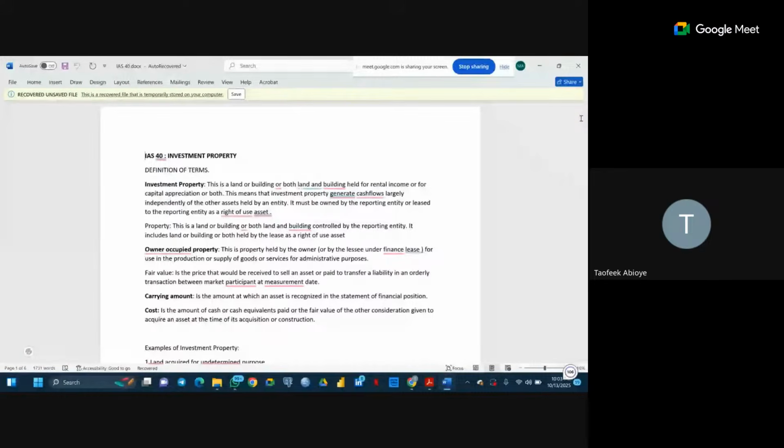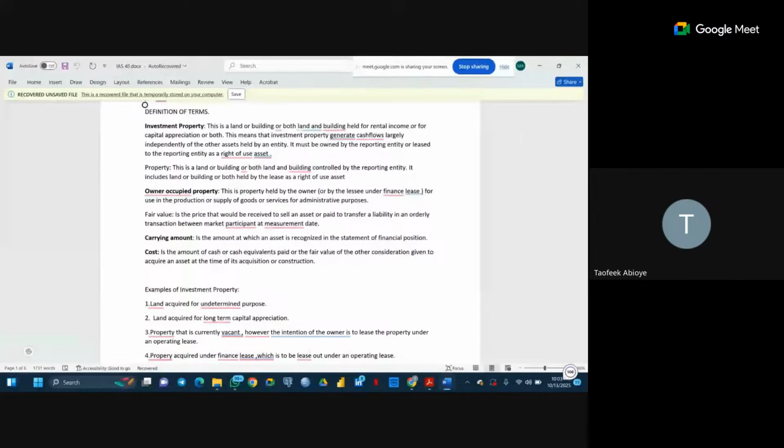So property is the land or building, or both, controlled by the reporting entity. Here we're talking about owner-occupied property. This is property held by the owner or by the lessee under finance lease for use in the production or supply of goods or services for administrative purpose.